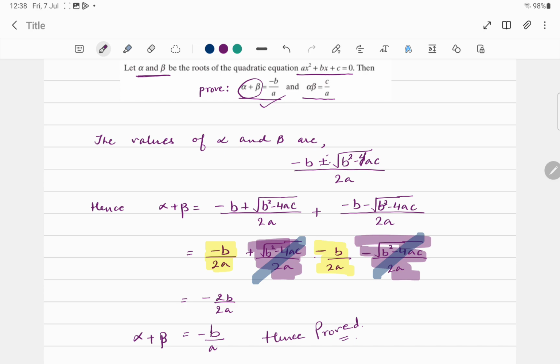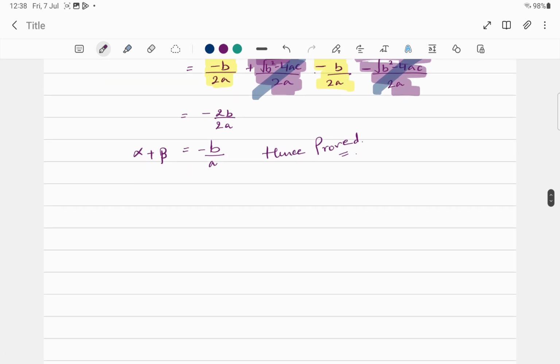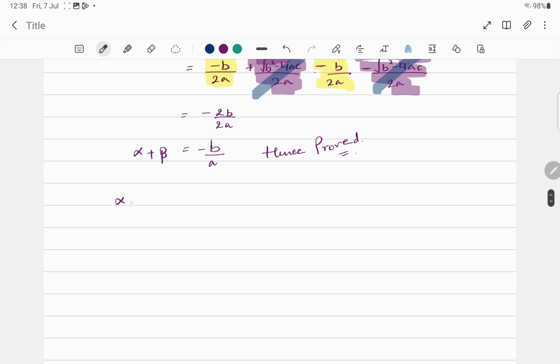Cool. Now we'll similarly do the next one, which is alpha multiplied by beta is equal to c over a. So now we'll have to multiply these. All right, so let's do that. Alpha multiplied by beta is equal to minus b plus square root of b square minus 4ac over 2a, multiplied by minus b minus square root of b square minus 4ac over 2a.